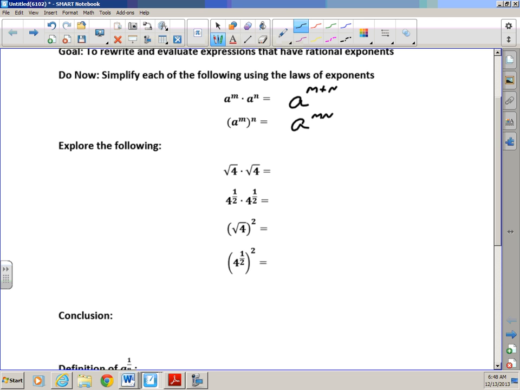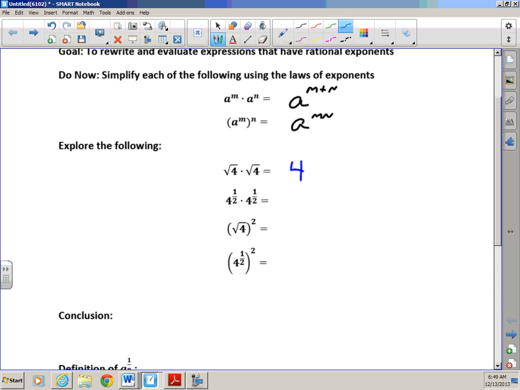Now, let's take a look at that with the following situation. If I have the square root of 4 times the square root of 4, hopefully you realize that that equals 4, because the square root of 4 is 2, and 2 times 2 is 4.